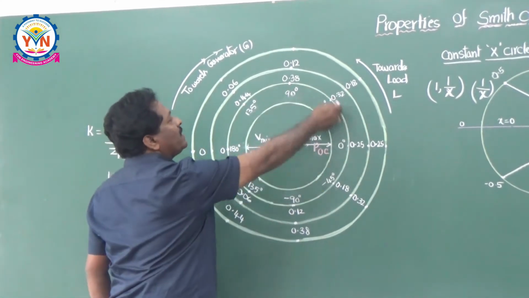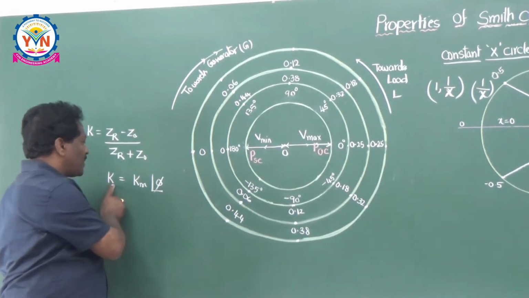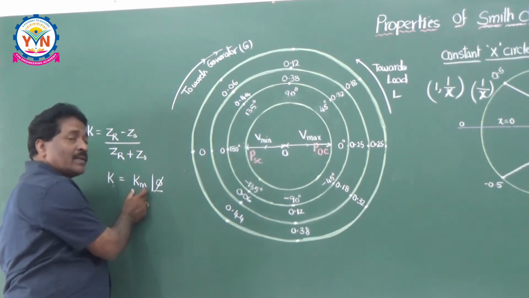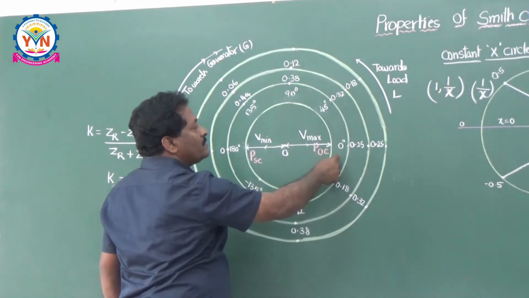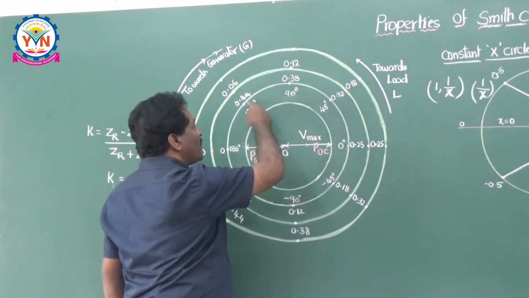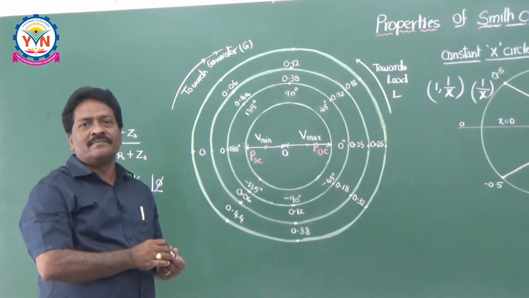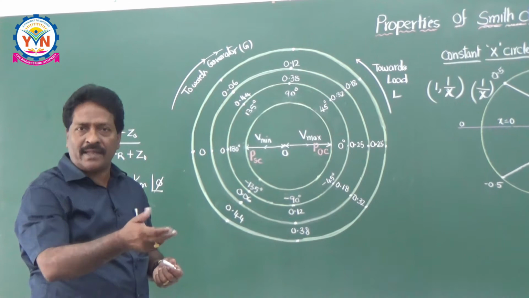It gives the information about the angle of the reflection coefficient K, and I can tell you how to find the magnitude also. After all, the Smith chart is nothing but the graphical representation of the reflection coefficient in a complex plane.